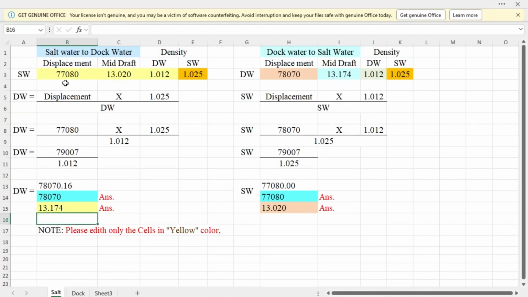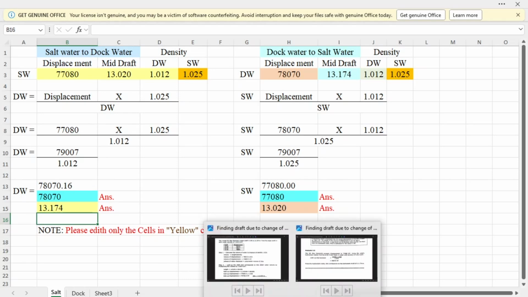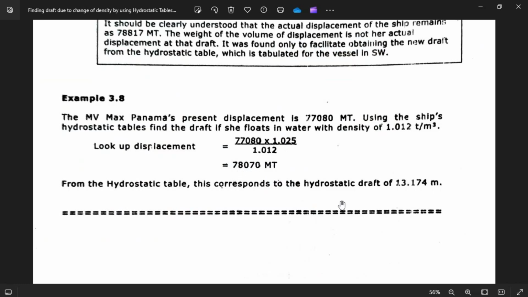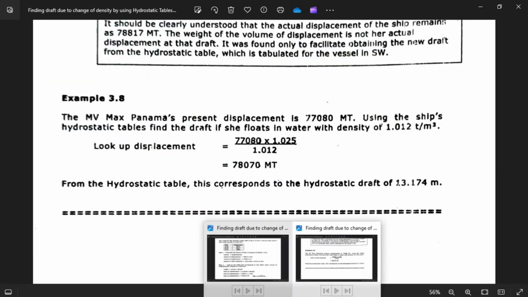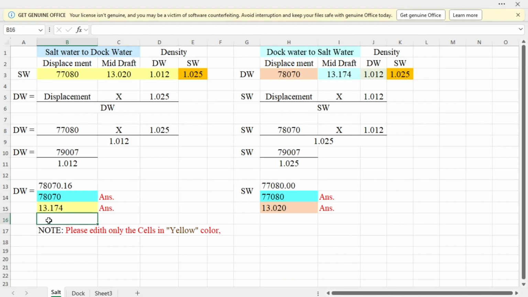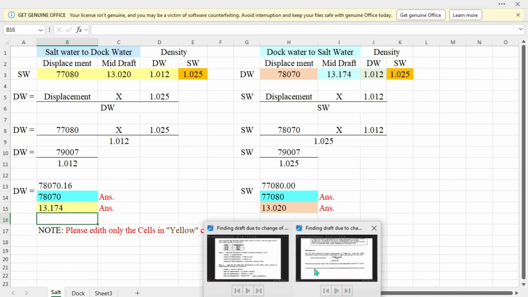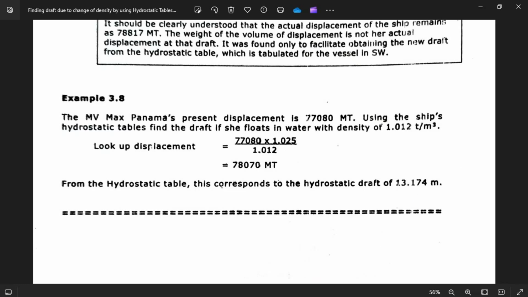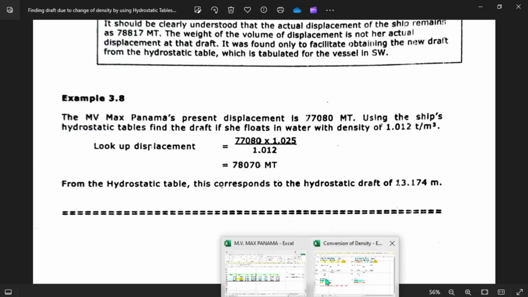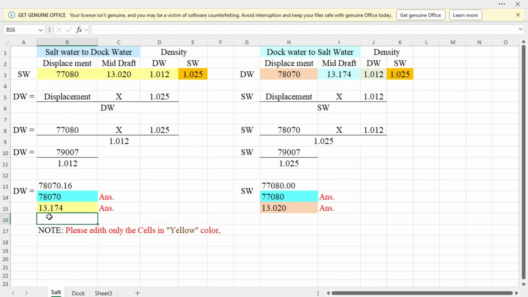But in the program here, you just input your salt water displacement, your corresponding draft, the local water density, then you will actually get the dock water displacement of 78070, and you will get the corresponding draft of 13.174.